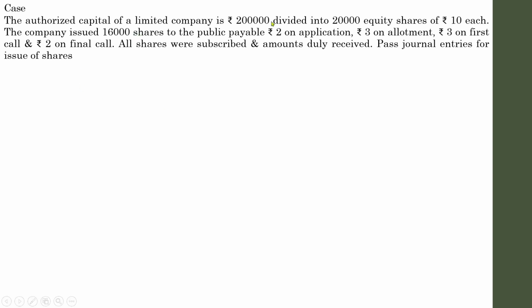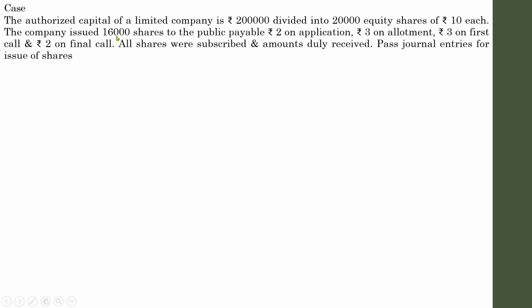Here in this question, out of 20,000 equity shares, the company is issuing only 16,000 shares. So you have to deal with the computations with regard to application, allotment, first call and second call with regard to 16,000 shares, and don't take 20,000 because it is authorized capital.